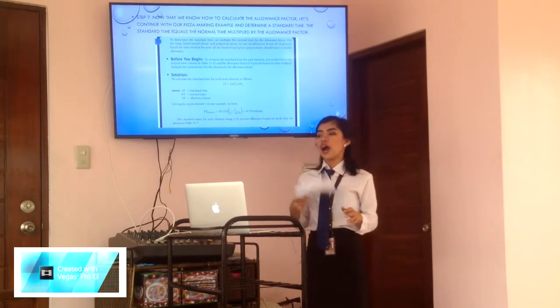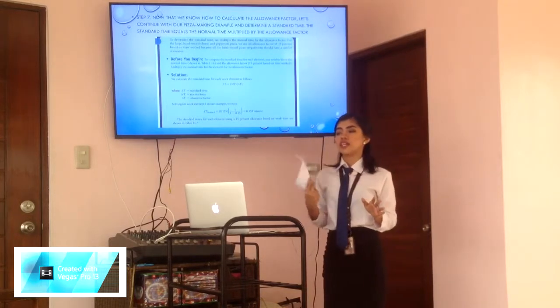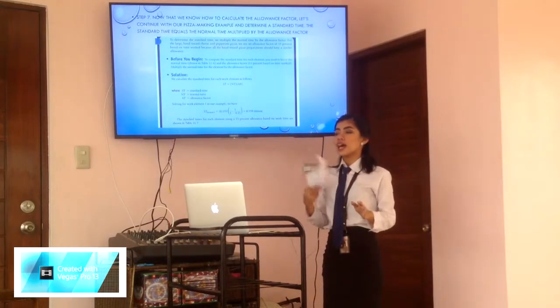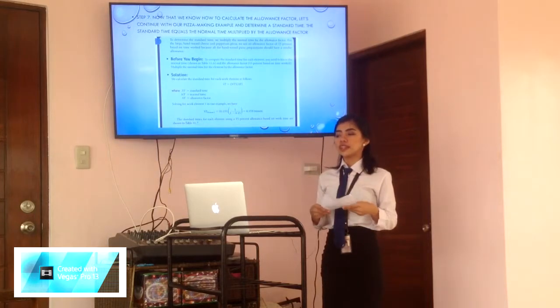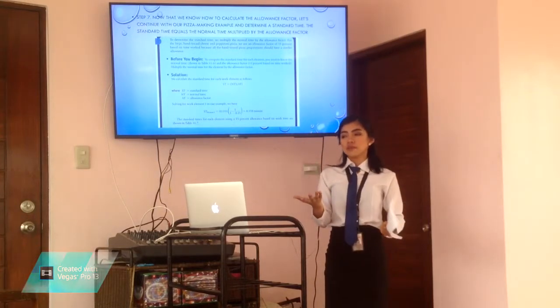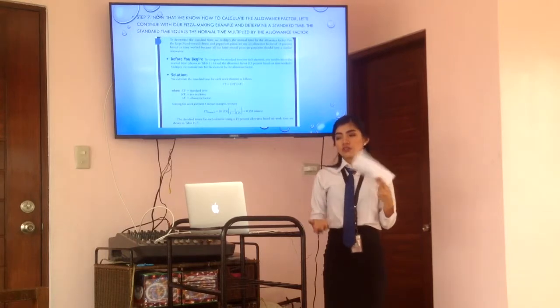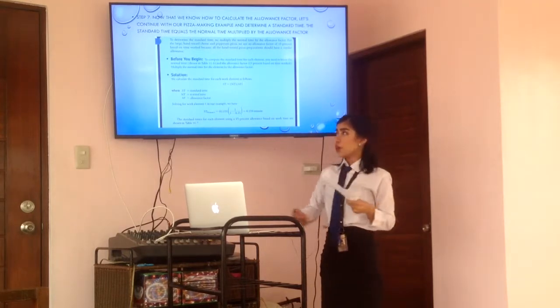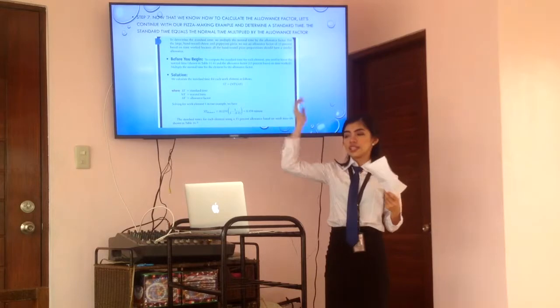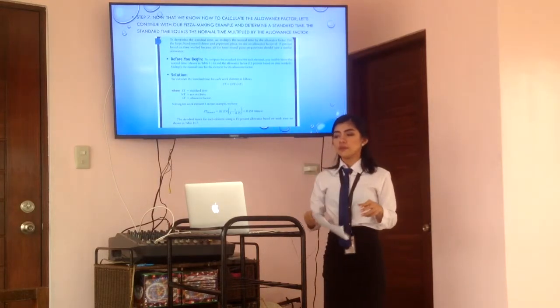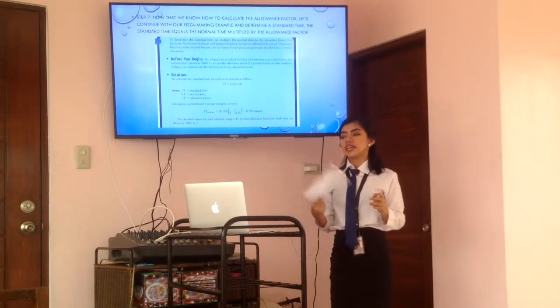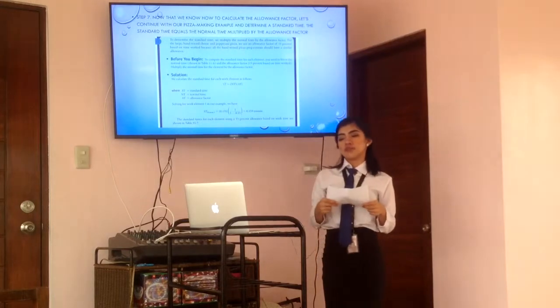Now that we know how to calculate the allowance factor, let's continue with our pizza making example and determine the standard time. The standard time equals the normal time multiplied by the allowance factor. The formula shows here that ST is the standard time, NT is the normal time, and AF is the allowance factor.